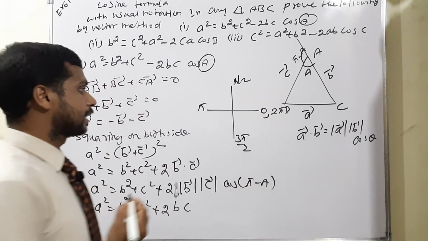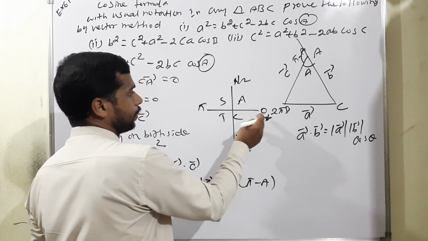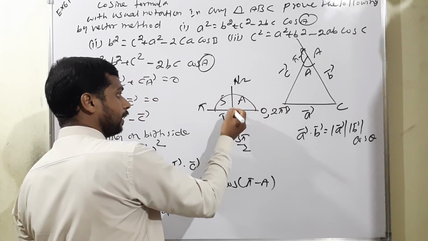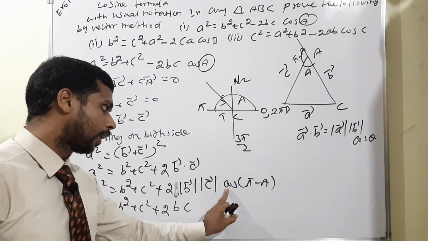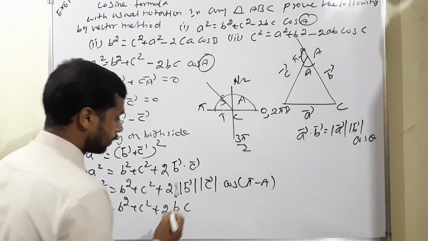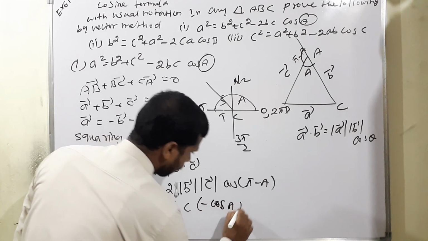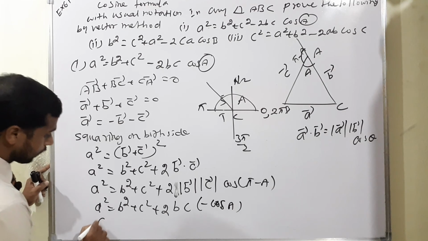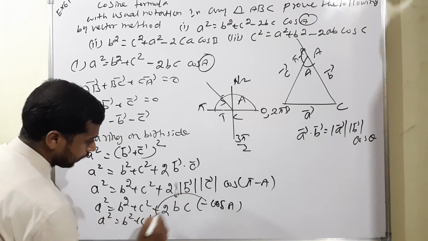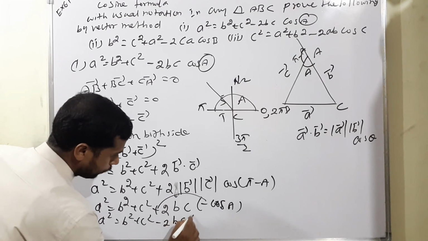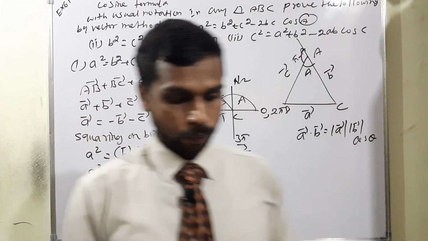So pi minus A lies in the second quadrant, where only sine is positive, so cos of pi minus A is minus cos A. Therefore the final answer: A square is equal to B square plus C square minus 2BC cos A.